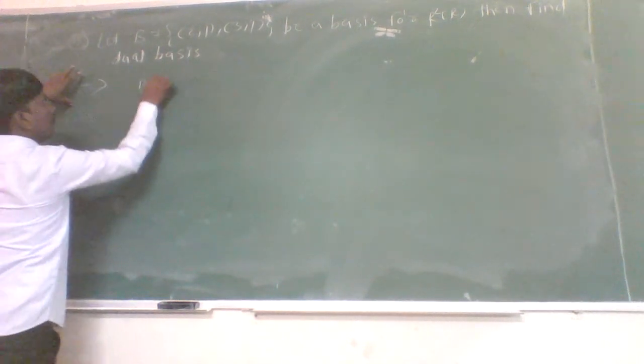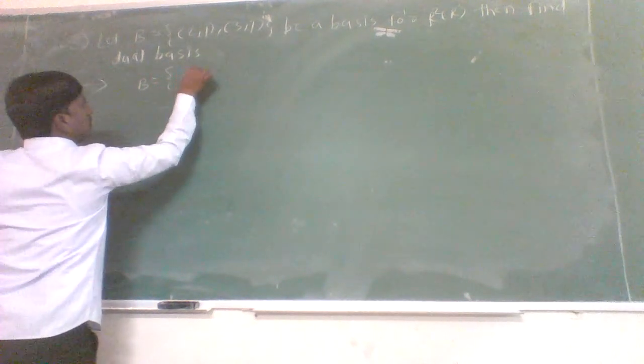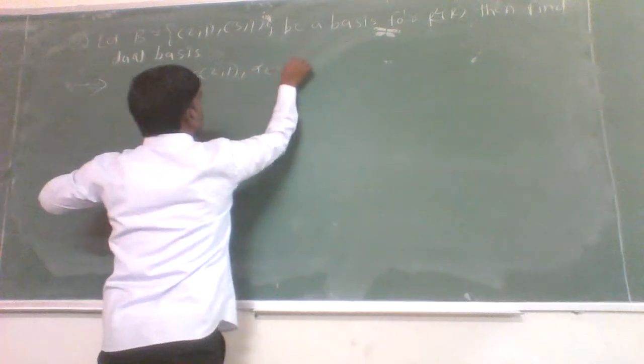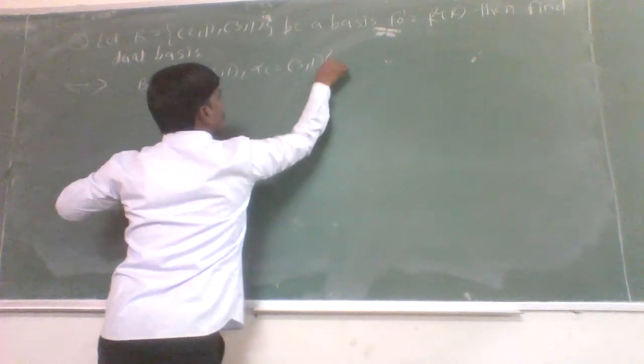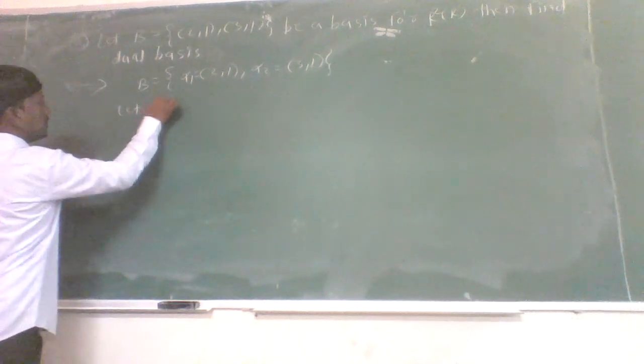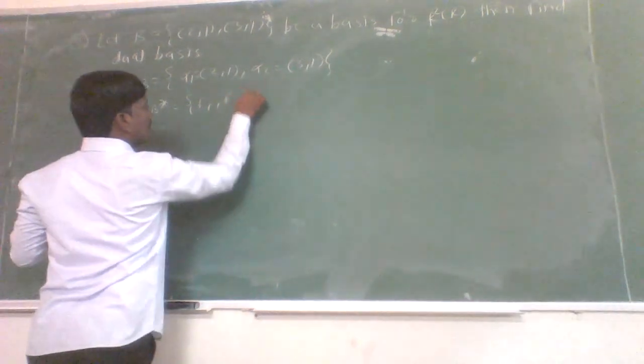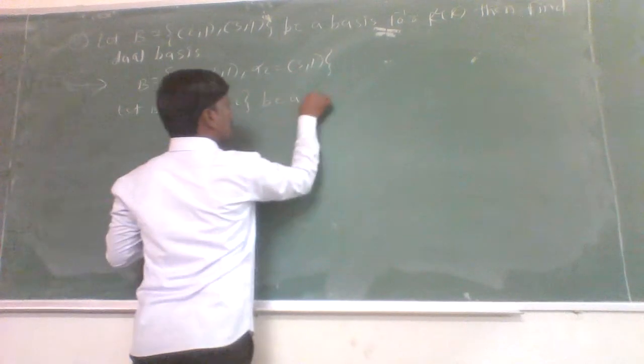Now B equal to, let alpha 1 is nothing but (2, 1) and alpha 2 is equal to (3, 1). Now again let B star is equal to f1, f2 be a dual basis.